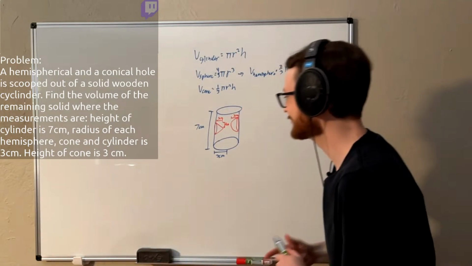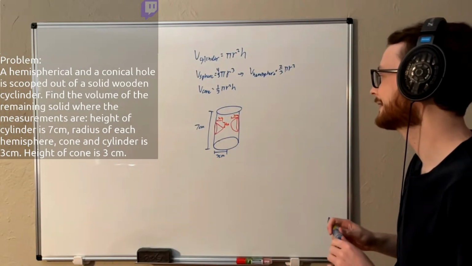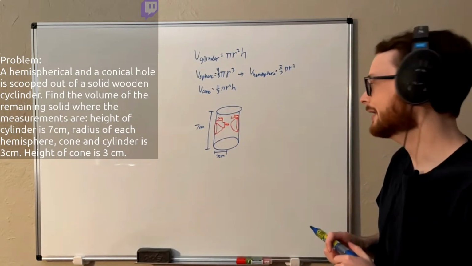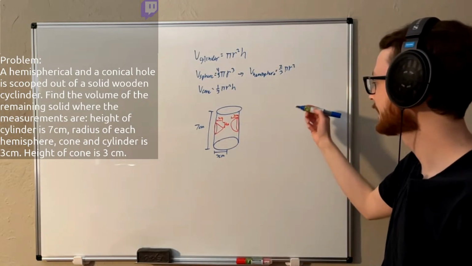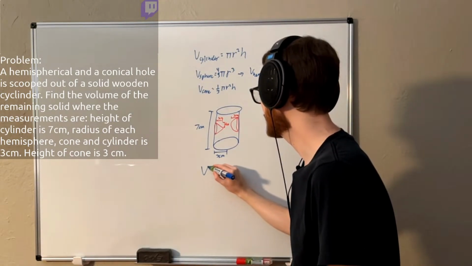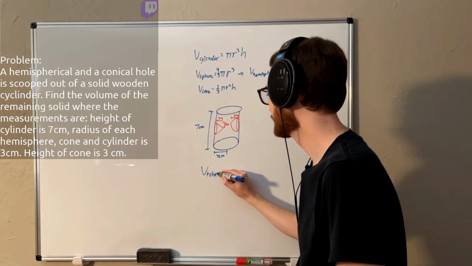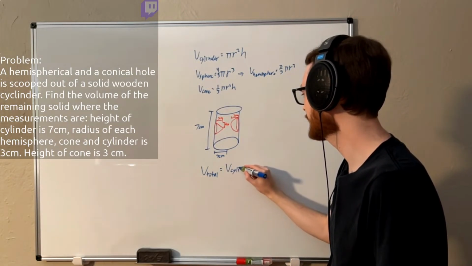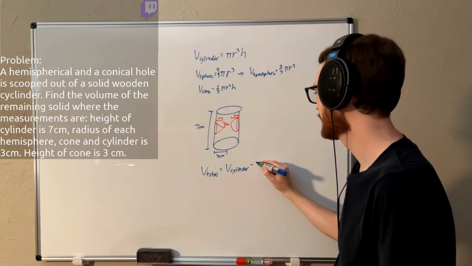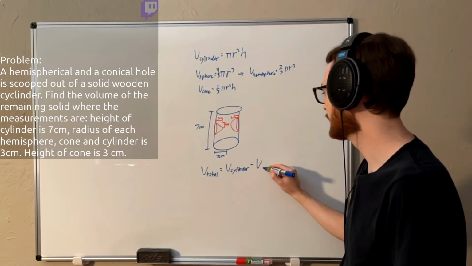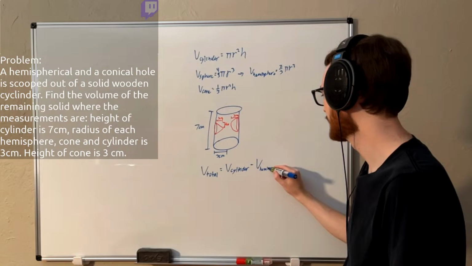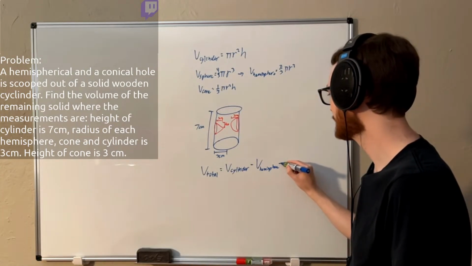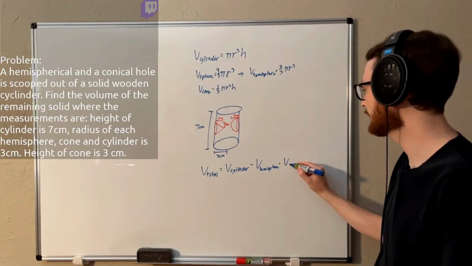But the setup of the question feels a little bit weird, but I think what they want us to do is say the total volume is equal to the volume of the cylinder minus the volume of the hemisphere minus the volume of the cone.